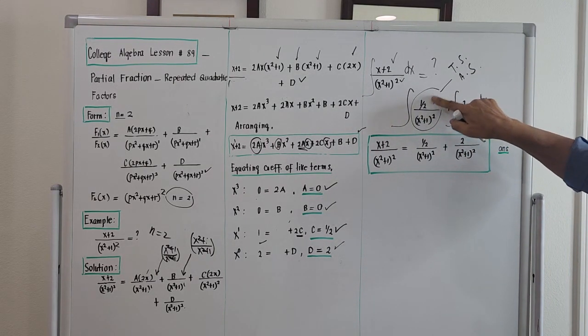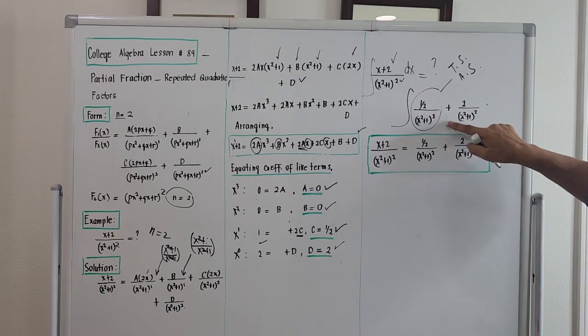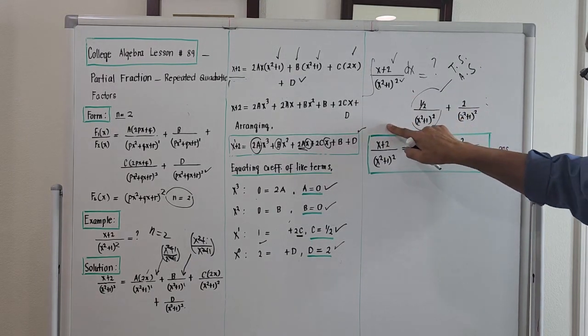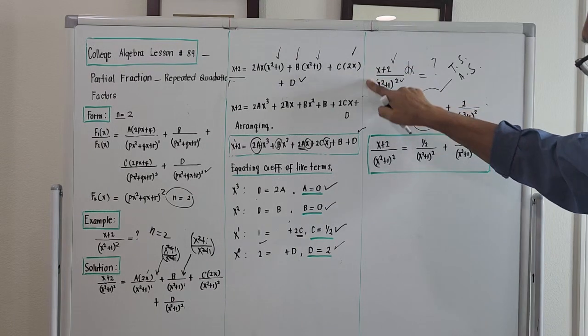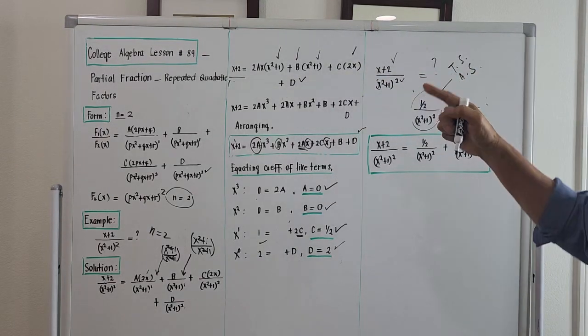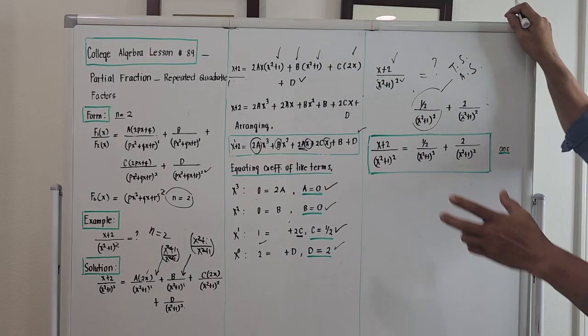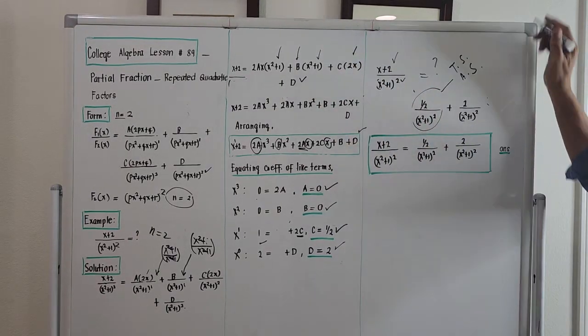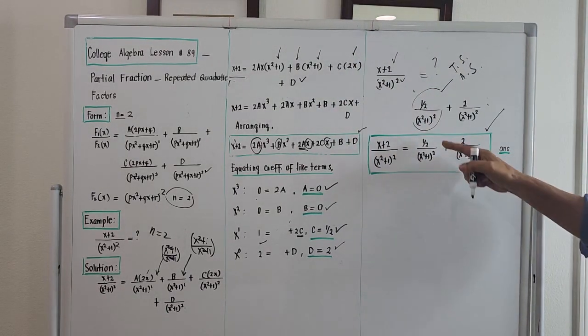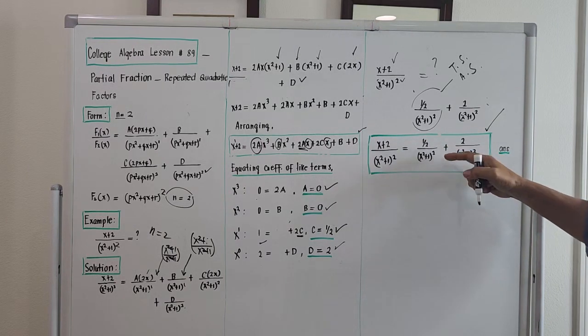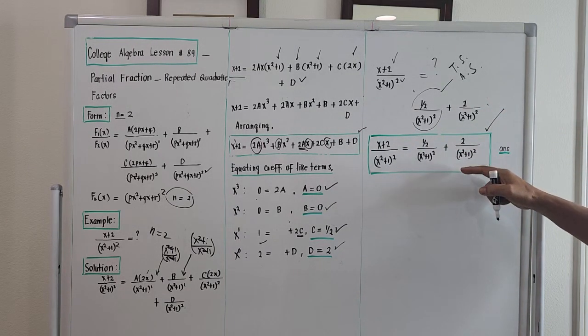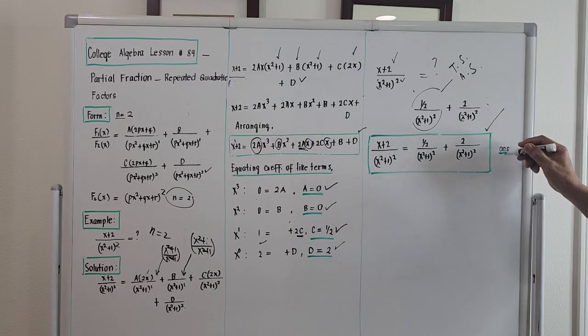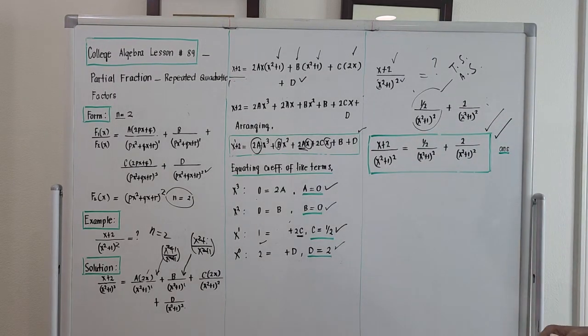I just put the dx to show that this problem might come out under the study of integral calculus. But the main topic for tonight is to take the equivalent partial fraction of this one. And our answer is actually this: 1 half over the given quadratic quantity squared plus 2 over the given quadratic quantity squared. That will be our final answer.